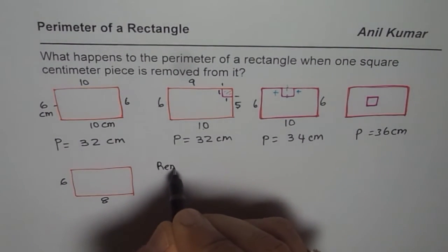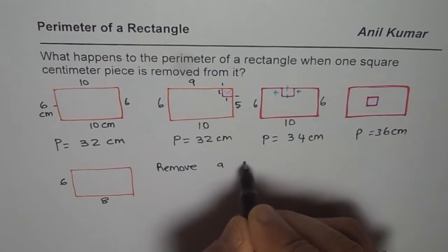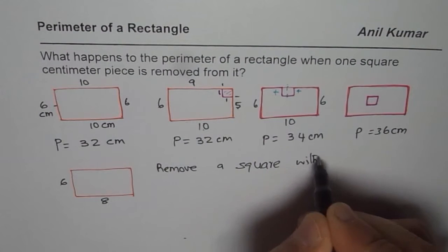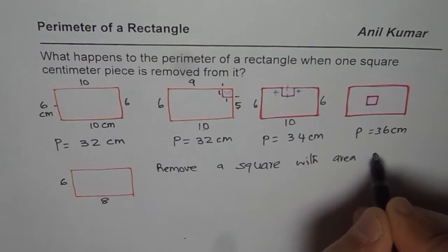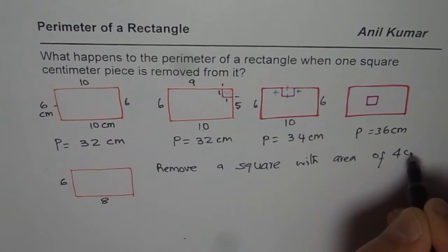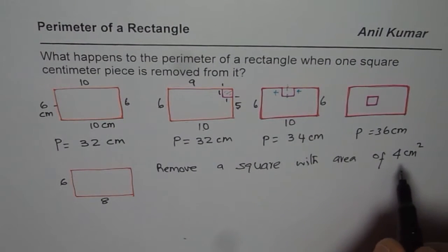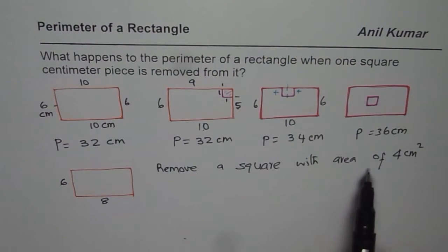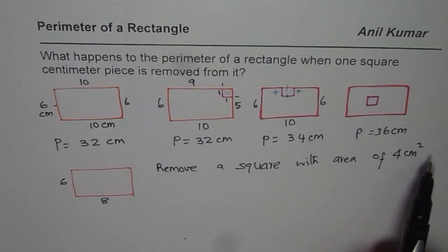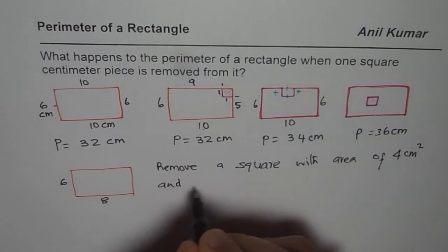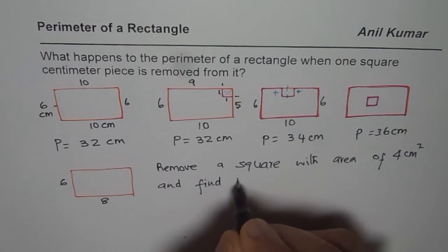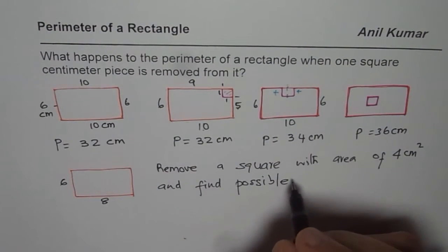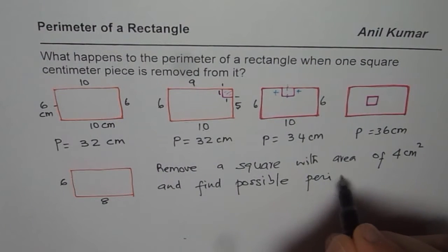Remove a square with an area of 4 square centimeters and find all possible perimeters of the rectangular piece, like we did here.